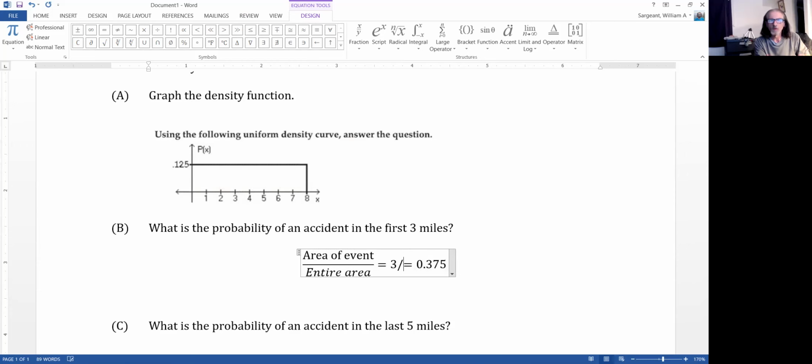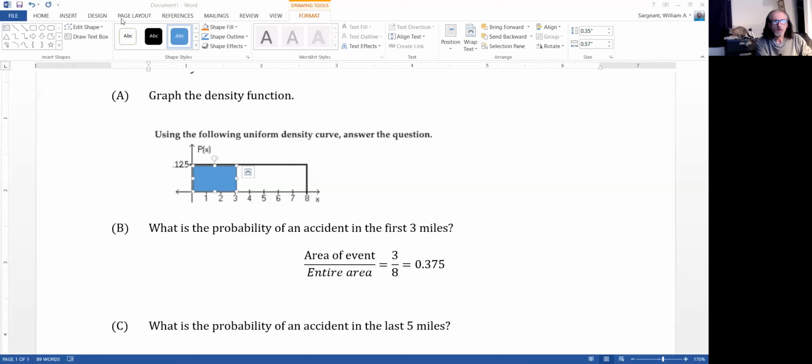It would be a good idea to shade the region where you're looking for the probability. So we're seeing that this is 3/8 of the entire area, or 0.375.